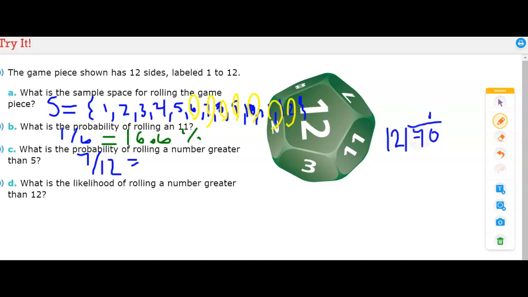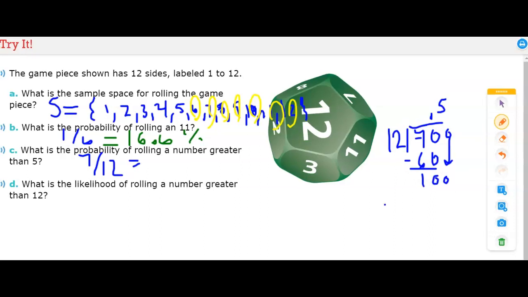Add a decimal. 12 goes into 70 5 times. That's 60. That's 10. Add another 0. 12 times 8 is 96. That's going to be 4. Add a 0.